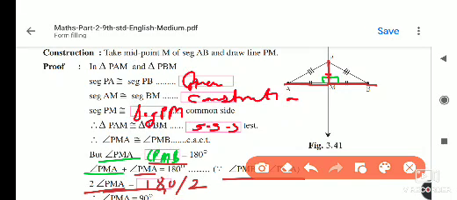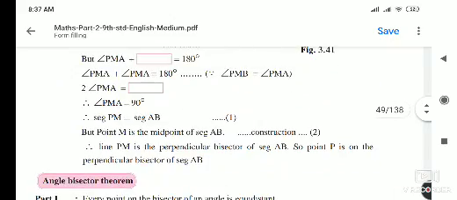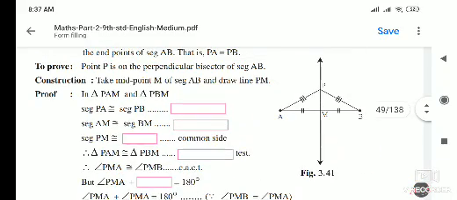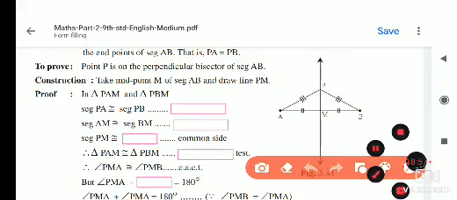PMA replaced with PMB, or PMB replaced with PMA, and then you will get 2 PMA or 2 PMB is equal to 180. You just divide 180 by 2, you will get the angle 90 degrees. And from this, if the angle is 90 degrees, then we can say that PM is perpendicular on AB. Now we proved that PM is perpendicular on AB.